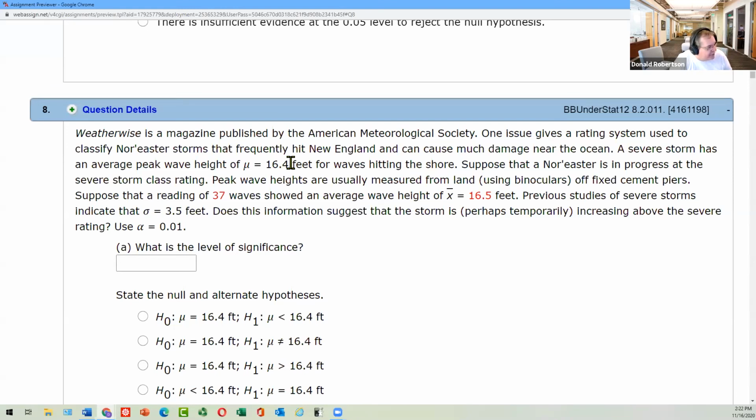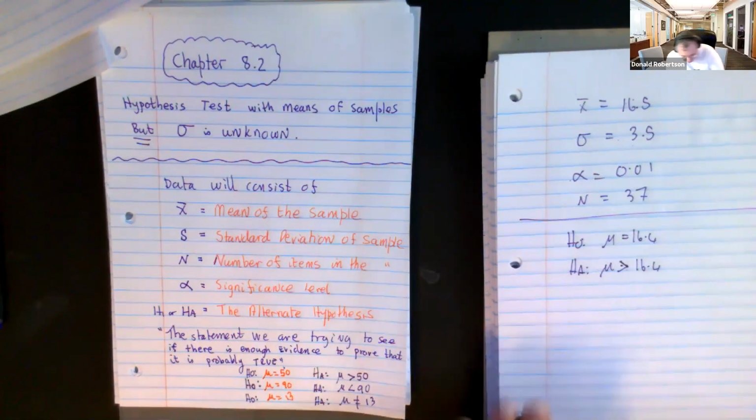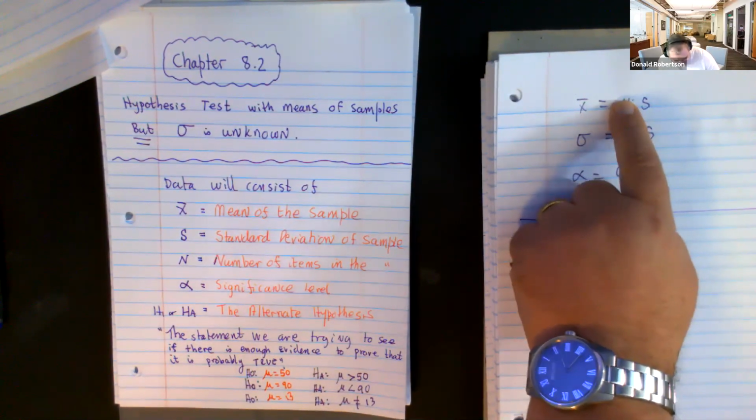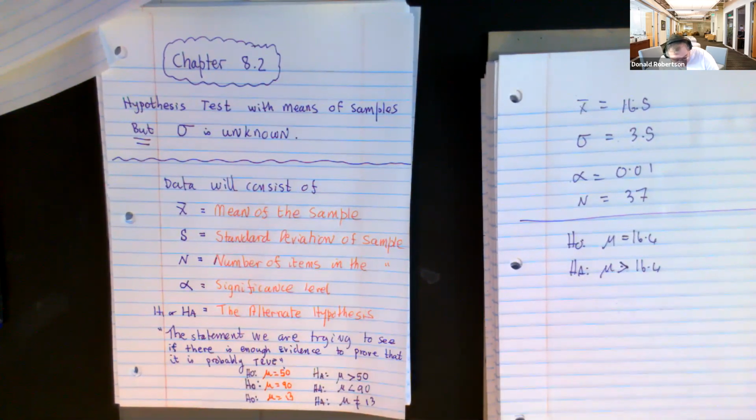See that guy there? Is it bigger than that guy? So I think I've collected all the numbers that we need. So we're now going to go into what we need to do to get our answer. 16.5, yeah, it is bigger than 16.4.